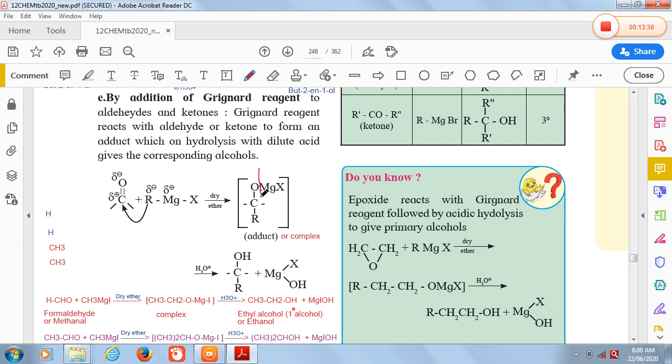it will give. So you have to add water. So here you have to add H, because oxygen is more electronegative in your complex, and OH is added here.